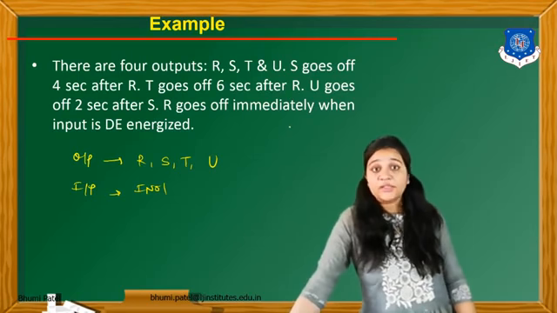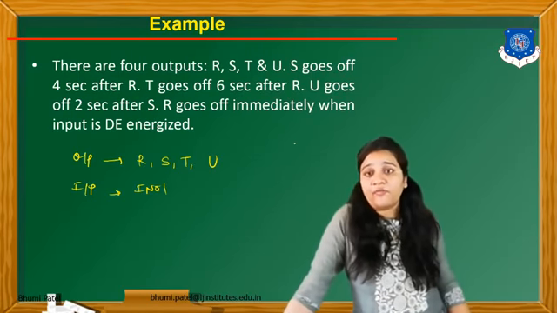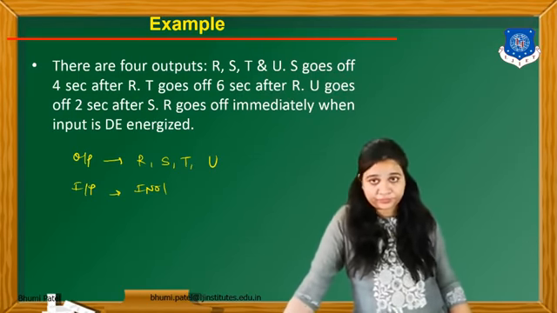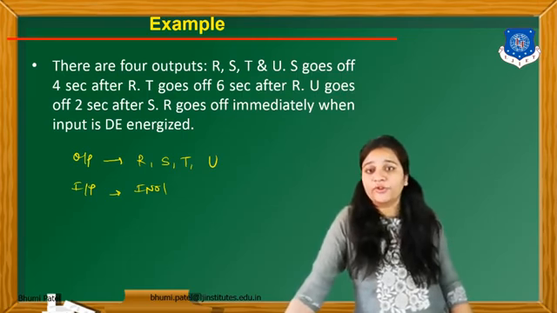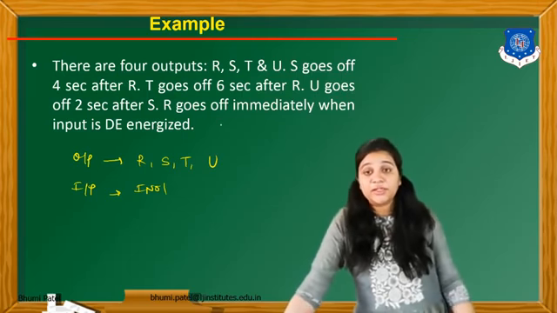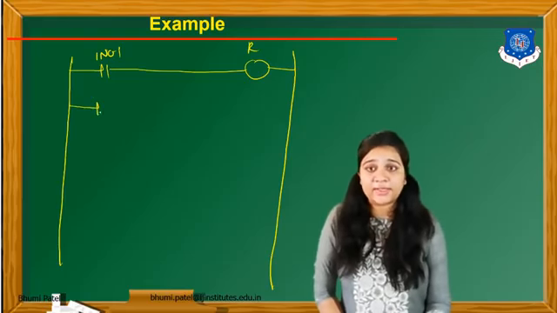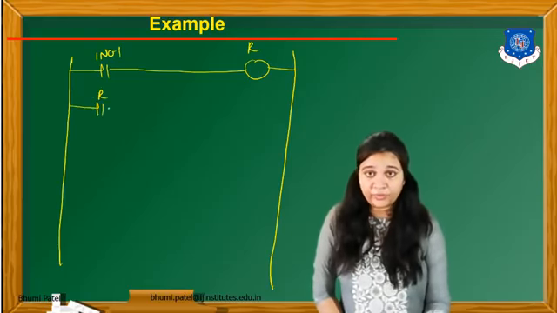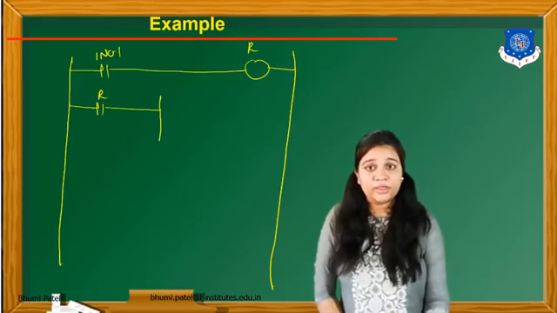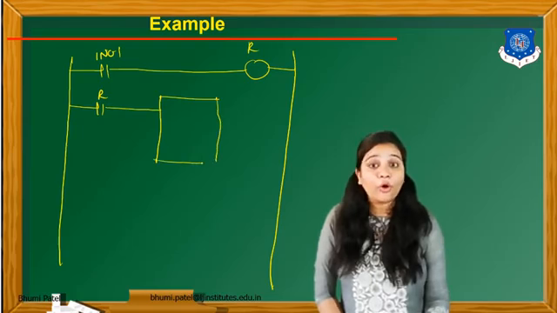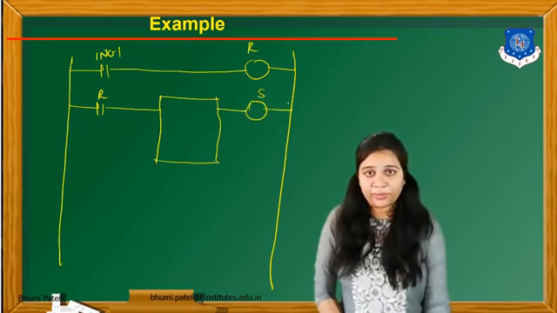Then next, S goes off 4 seconds after R. So what is the input for S? We compulsorily need one input, R. Here we can take the timer off relay, and this is my S output.